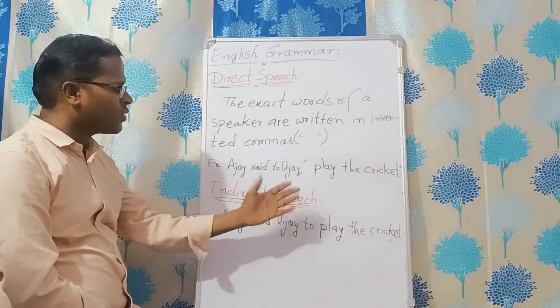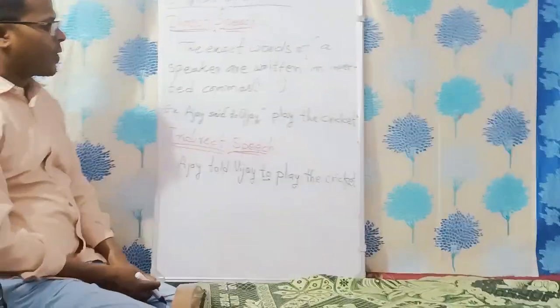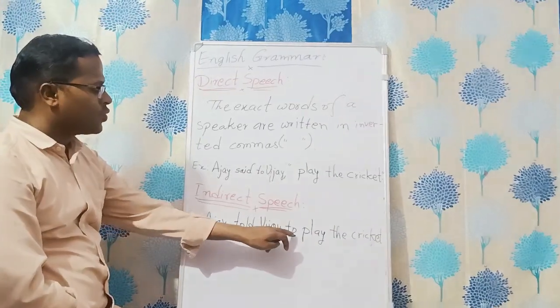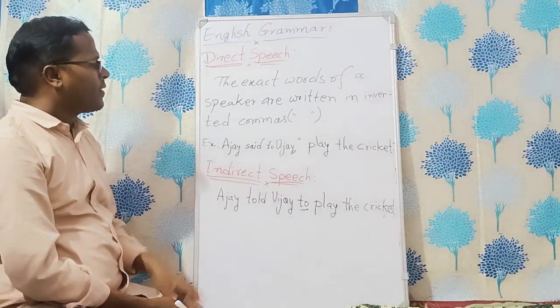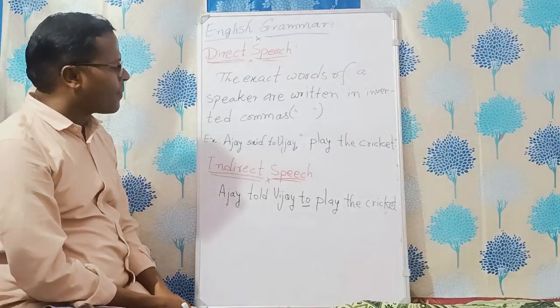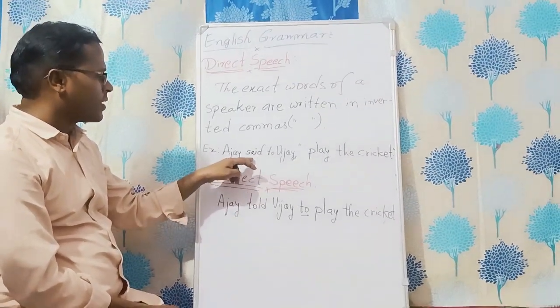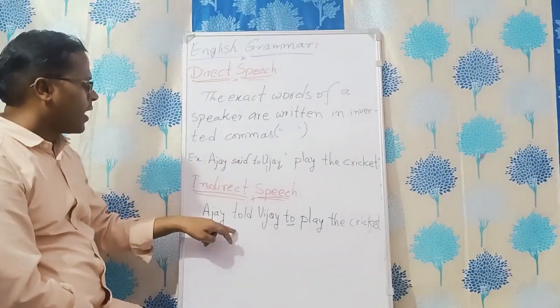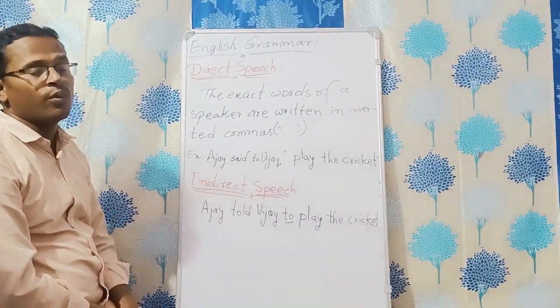While changing into indirect speech, you have to use to. We have to join the two clauses using to. So the difference you have to remember: the reporting verb is said to, and in indirect speech it became told.